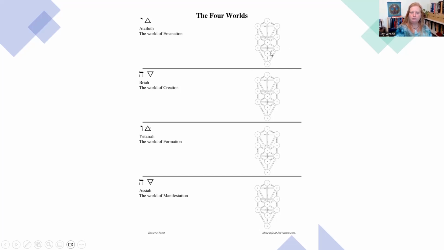And so there are our wands cards. And then we go to the world of Bria, which is water, that's cups, ace through 10 in the cup suit. Yetzirah is the element air, so ace through 10 of swords. And then Asiya is the element earth, ace through 10 of pentacles. So the four worlds outline this 40-step process: ace through 10 of wands, then ace through 10 of cups, then ace through 10 of swords, and ace through 10 of pentacles.